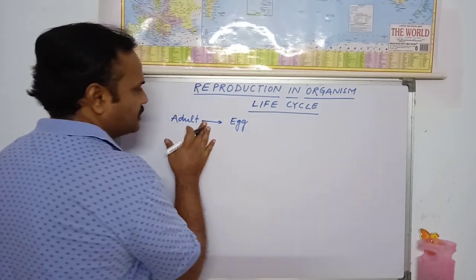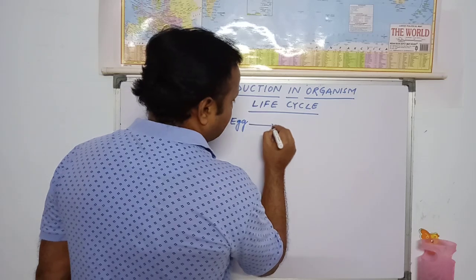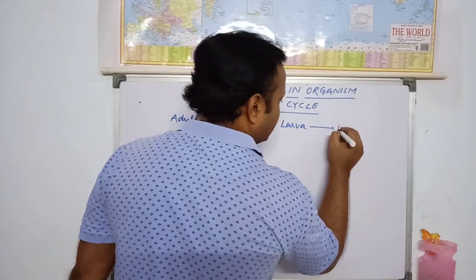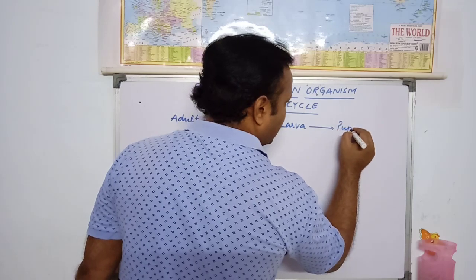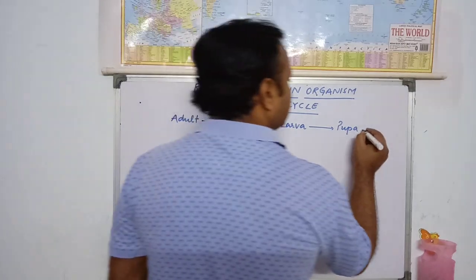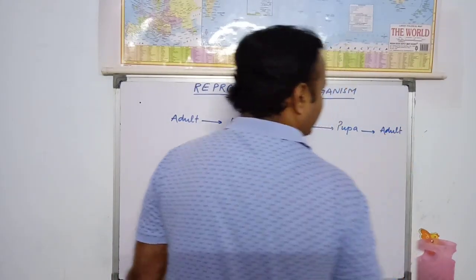So let us discuss later on. The eggs will develop the larva, the larva will develop the pupa, right? And the pupa again will develop the adult, right?